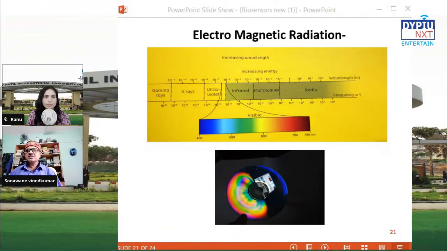And the advantage of this IR light is that it is invisible, so we can make use of infrared diodes for sensors in many devices, or for designing our own biosensors, and make use of the device, right.